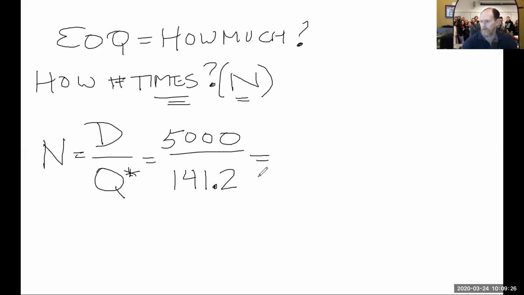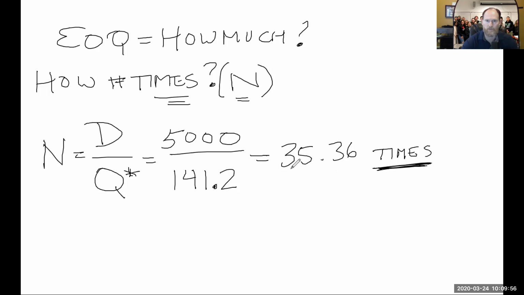That means that they're going to order 35.36 times throughout the year. Okay. At regular intervals, not sporadically. They're going to order at regular intervals.